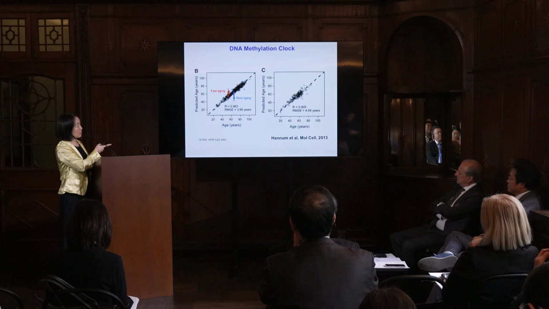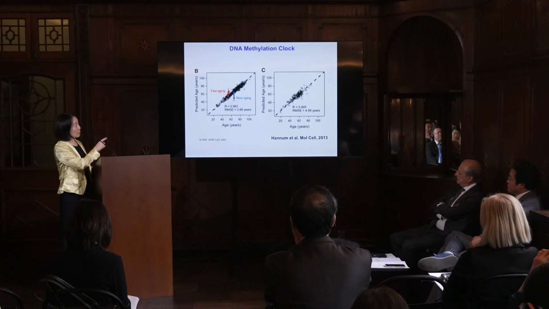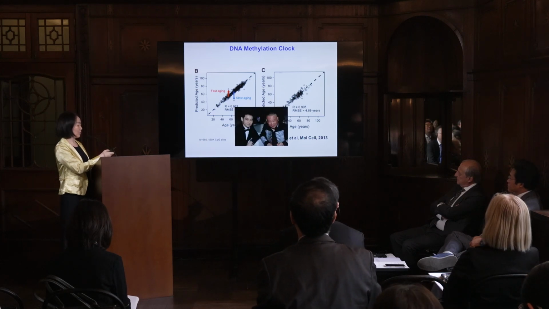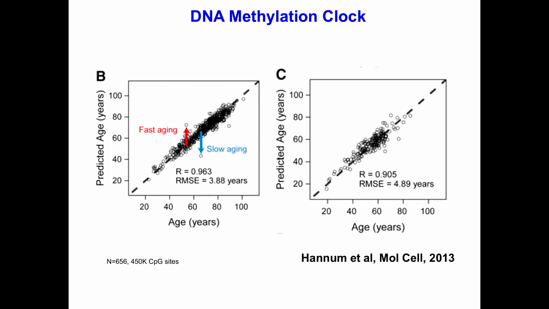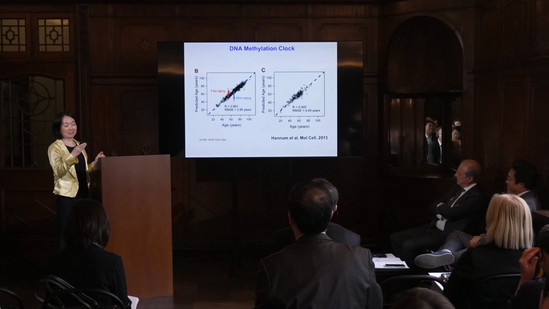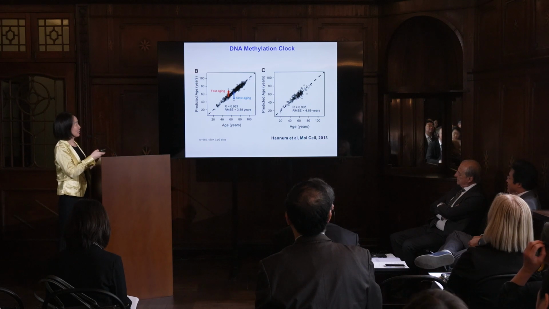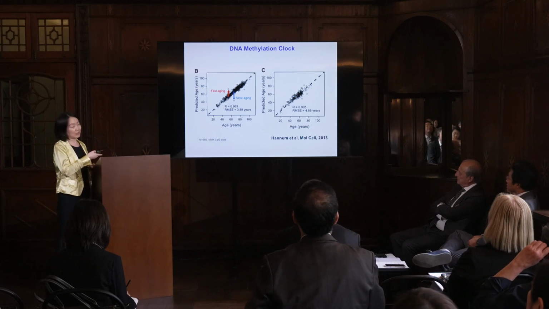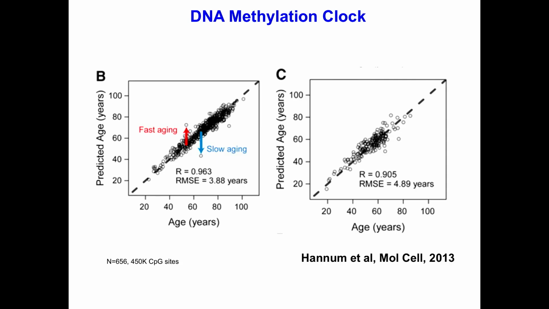When you see this plot, predicted versus actual, or oops, I gave out the. Okay, here's the laser. You can see this predicted age and the chronological age align fairly well on this line, which indicates the prediction is very good for the majority of people. However, there are some people who appear to have higher predicted age than their actual age.